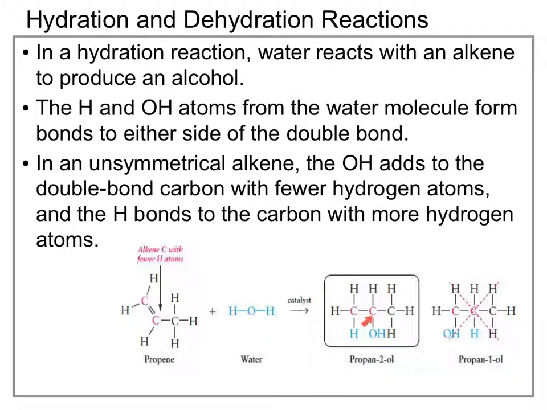By that, we mean that this carbon is connected to two other carbons, whereas this carbon was only connected to one. And so the OH forms on the carbon that is connected to other carbons, which means we form propan-2-ol rather than propan-1-ol.